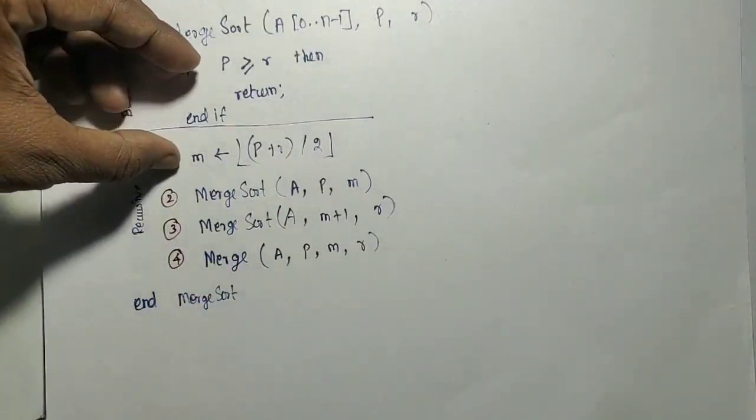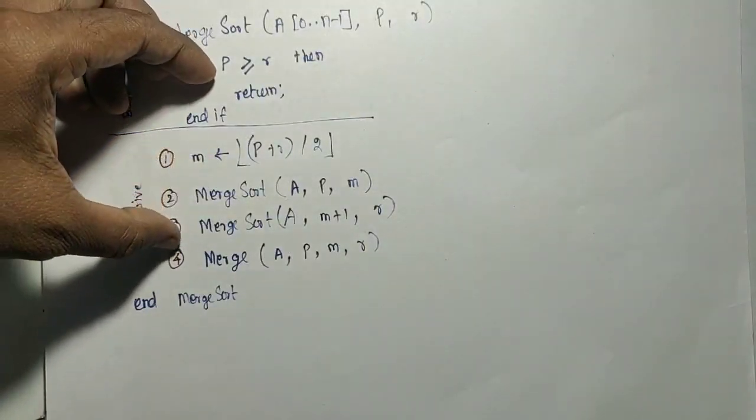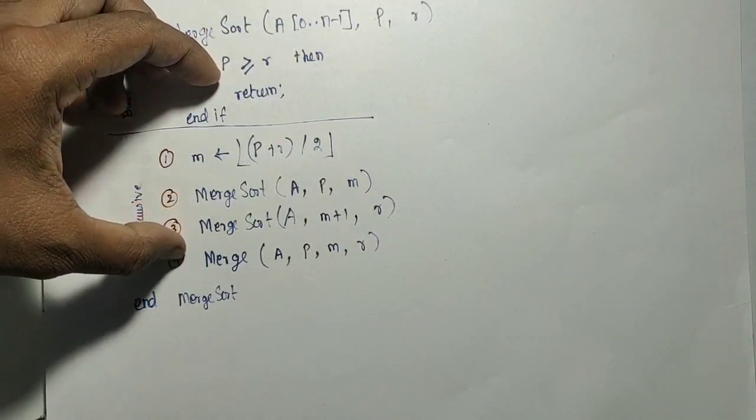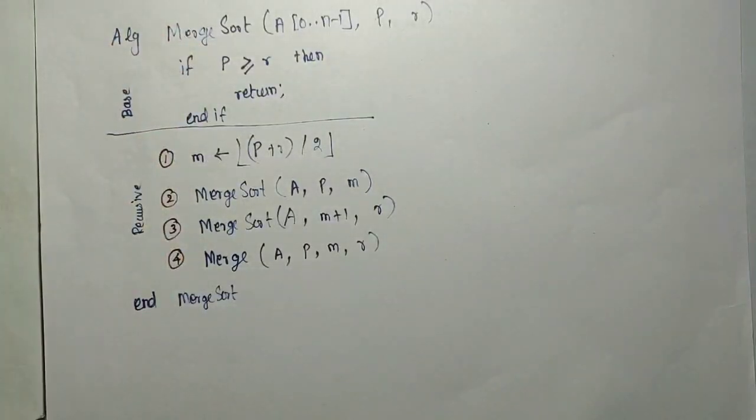So 1 is the divide, 2 and 3 are the conquer, and the fourth one is the combine.